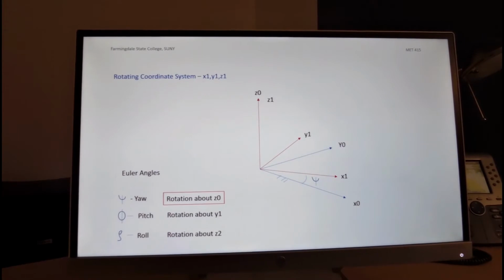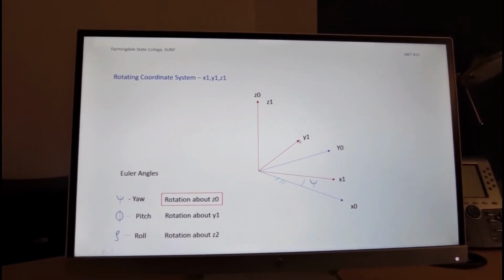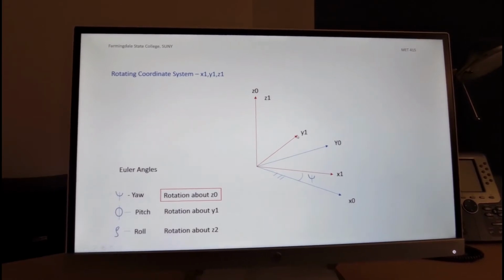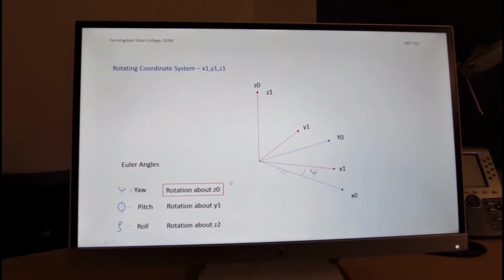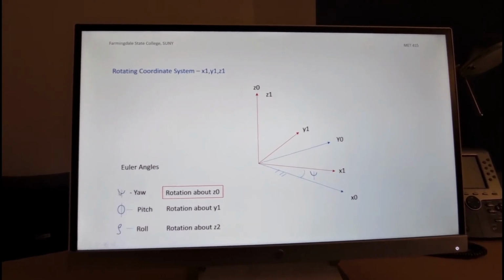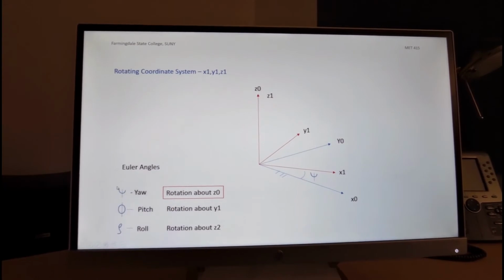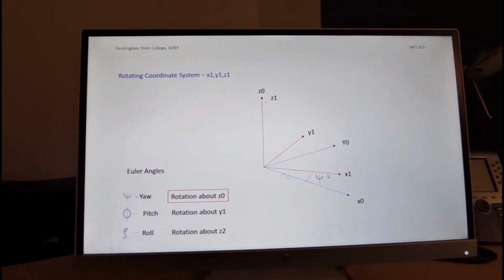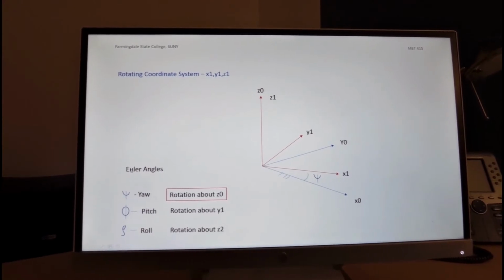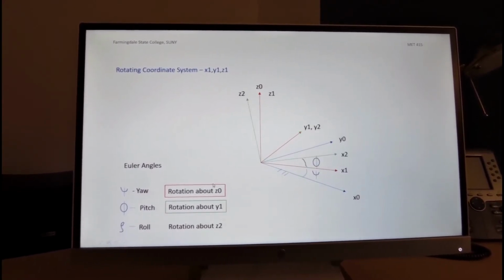It's basically the axis of rotation of the x1, y1 coordinate system, and we call that angle a yaw. And we designate it with psi because it's easy to remember. Y and yaw is similar. And this is the first angle of the Euler angle set.